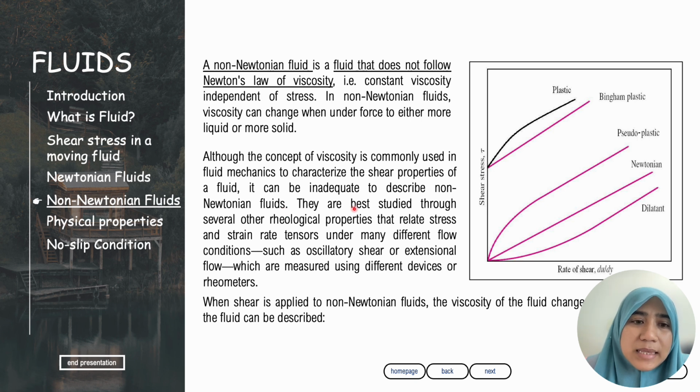So they are best studied through several rheological properties that relate stress and strain tensors under many different flow conditions, such as oscillatory shear or extensional flow, which are measured using different devices or rheometers. When shear is applied to a non-Newtonian fluid, the viscosity of the fluid will change.